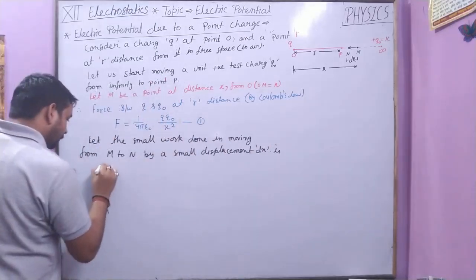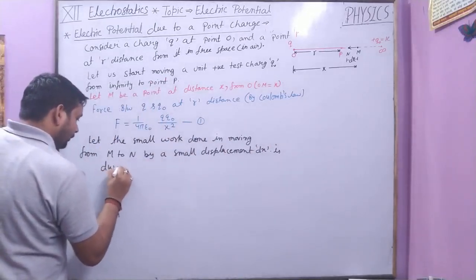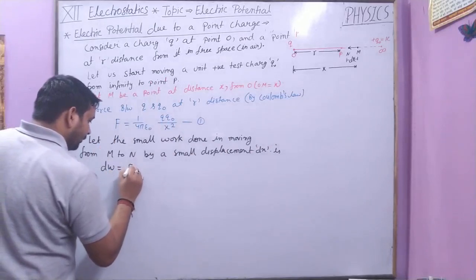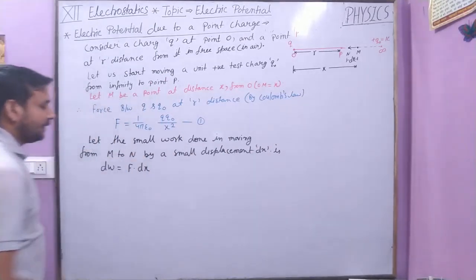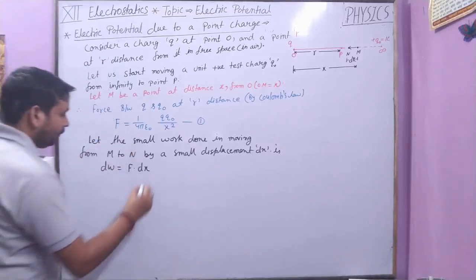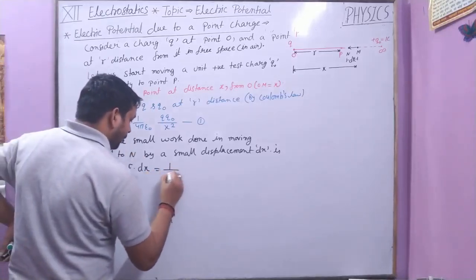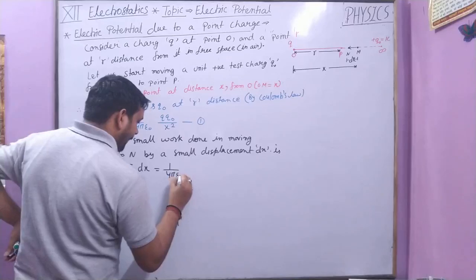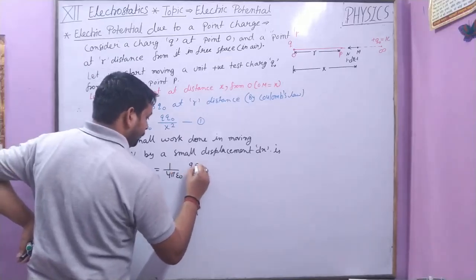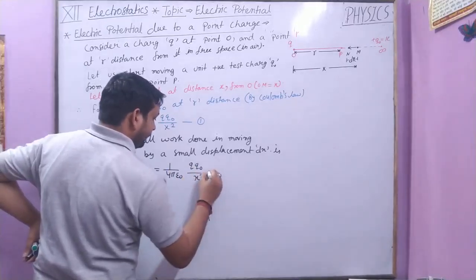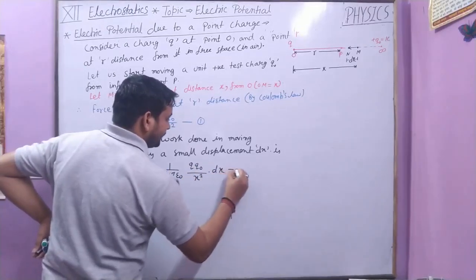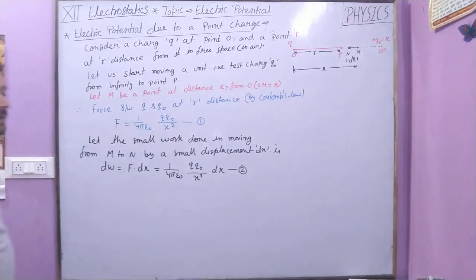This is equal to force into displacement, that is dx. By putting this value we get dW equal to 1 upon 4 pi epsilon naught Q Q naught upon x square dot dx. This is equation second.